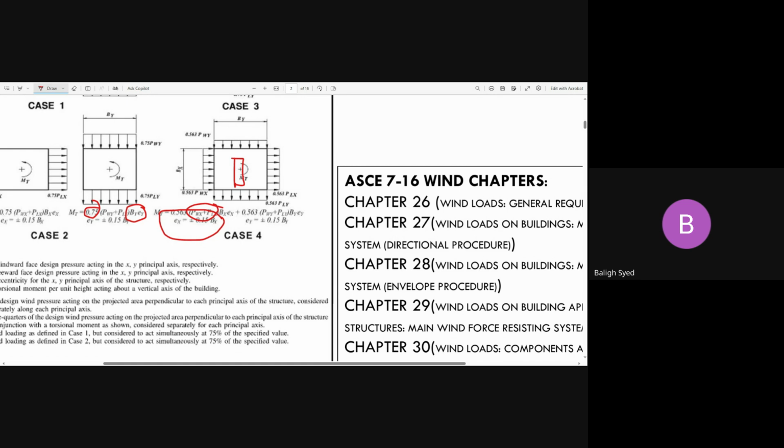He's going to perform for whatever load effects come to his structure, right? So it is his responsibility to understand the code first, which we have been doing for the past several months now, and to understand the codes and apply all the code clauses, whatever the code requirements are on the structure.